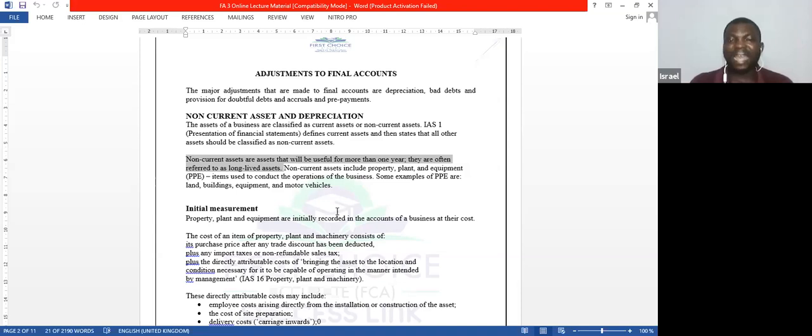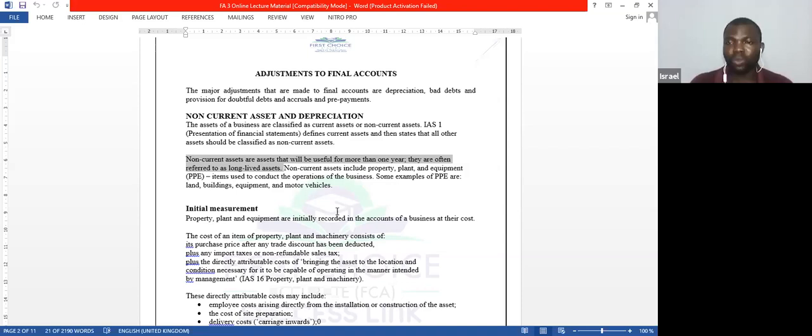It means that every cost that you incur to bring the asset to the point that it will be readily available for use will be added together and summed to give us the total cost of the asset. What I'm explaining right now is that if you go to the market and you purchase, let's say, a motor vehicle, the price of the motor vehicle is not the cost that you will put in your financial statement.